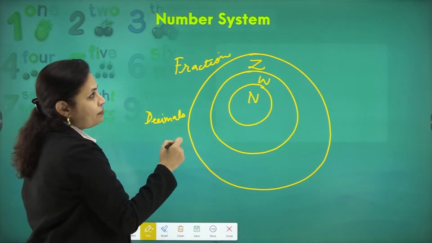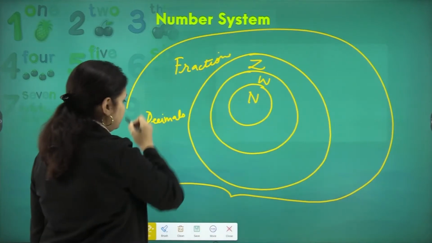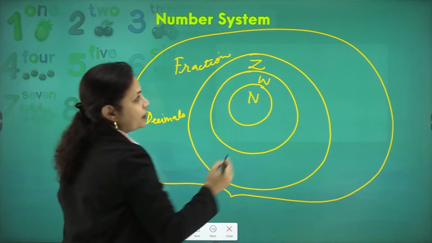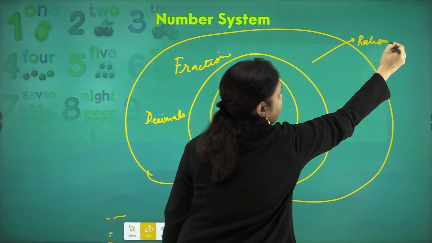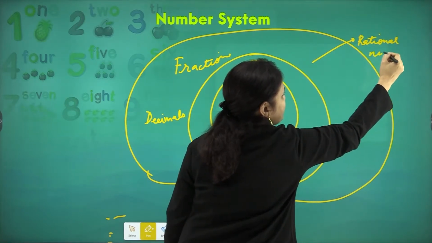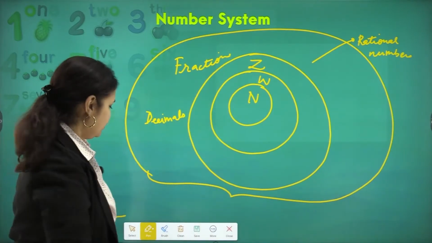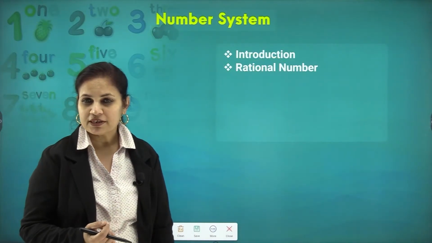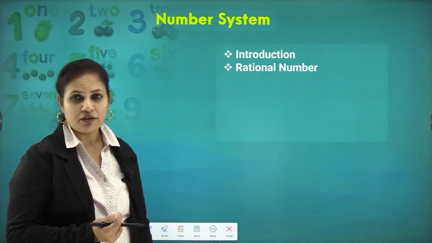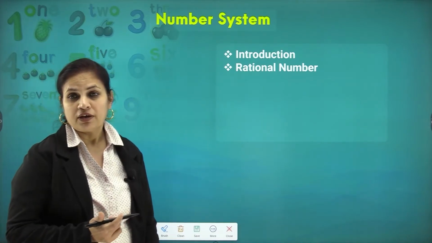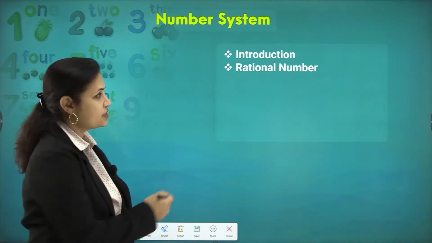So all these numbers together, which we have studied so far, are grouped under rational numbers. So basically what we'll be discussing in this chapter are the rational numbers, which include the group of natural numbers, whole numbers, integers, fractions and decimals.